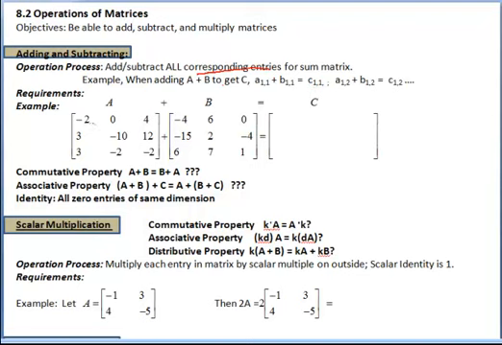So here you can see down here, we want our corresponding parts, so -2 plus -4, that's going to get us our -6. This is our first row, second column entry, so we're going to look for the first row, second column entry here.